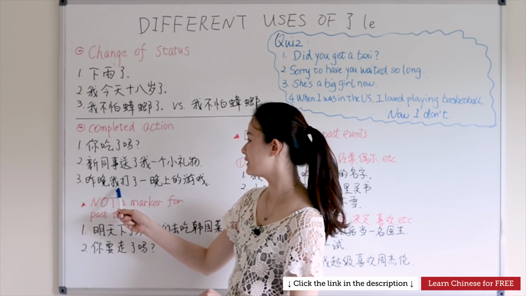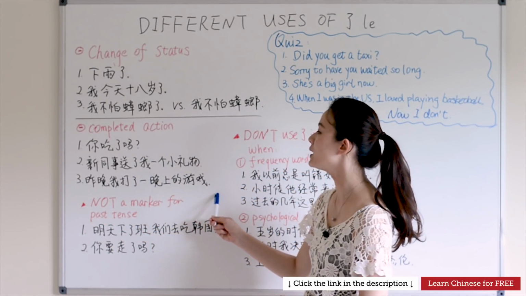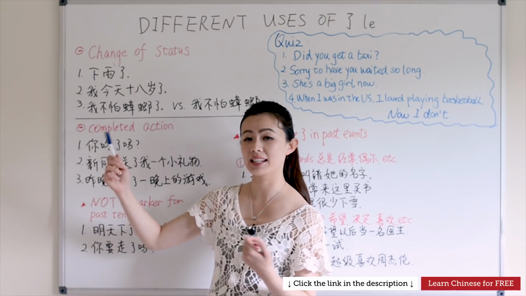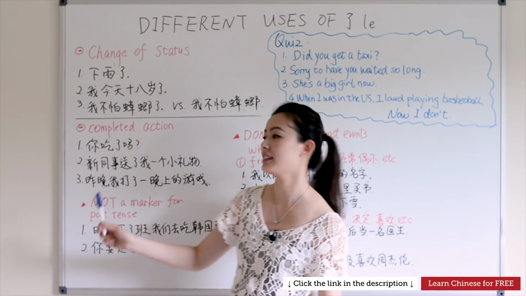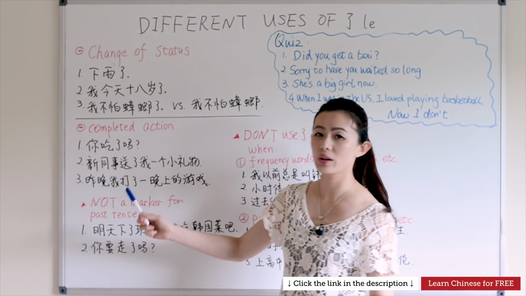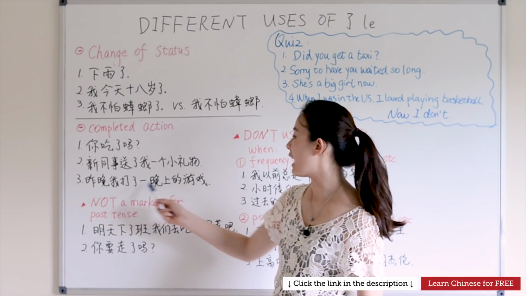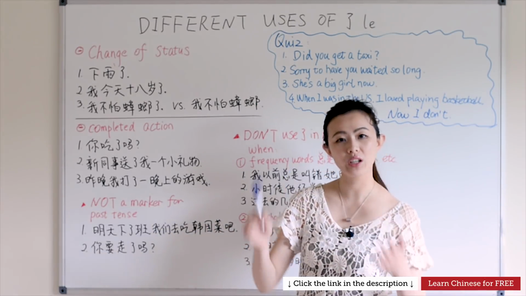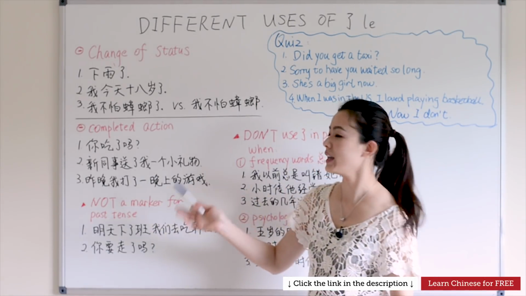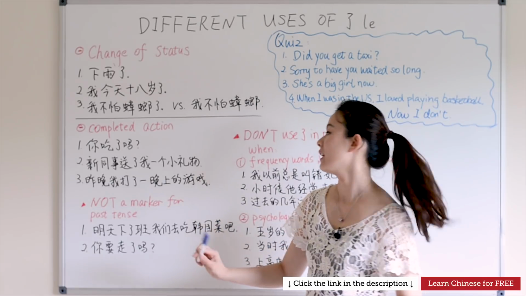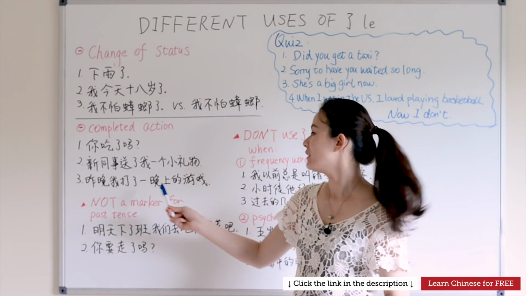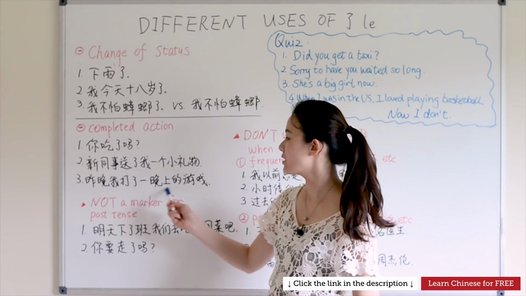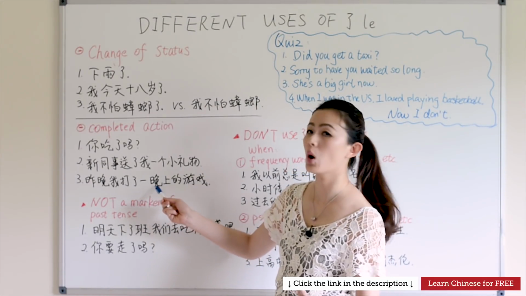昨晚我打了一晚上的游戏。Okay, first, 昨晚 is a time, last night. What did I do last night? 打游戏. 打游戏 means to play a game. 游戏 game and 打 is to play. And how did I play that game? 打了一晚上的游戏，一晚上 one night or one whole night.